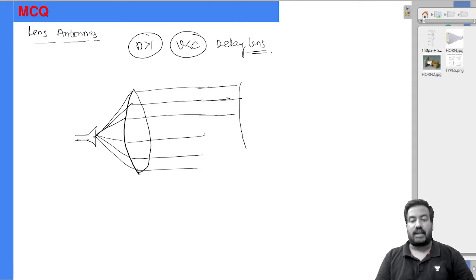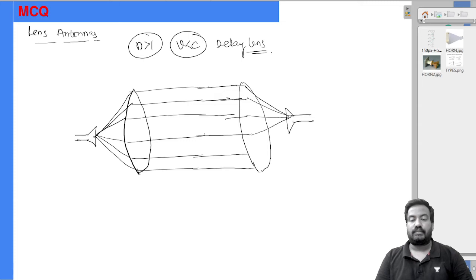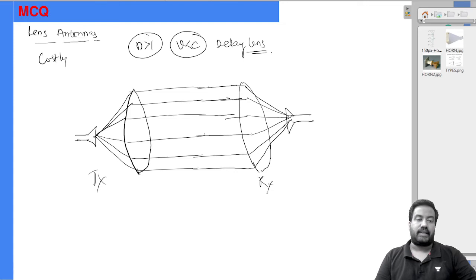At the receiver side, again this parallel wavefront is converted back to the spherical wavefront. This is the transmitter side and this is the receiver side. Generally this kind of antenna is a bit costly.